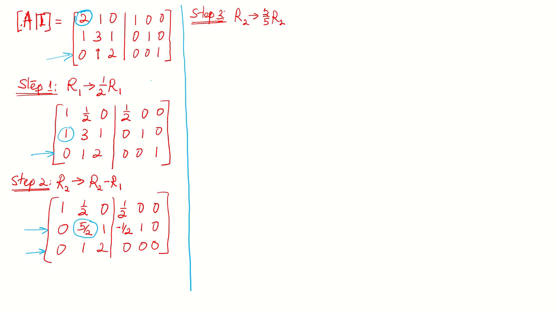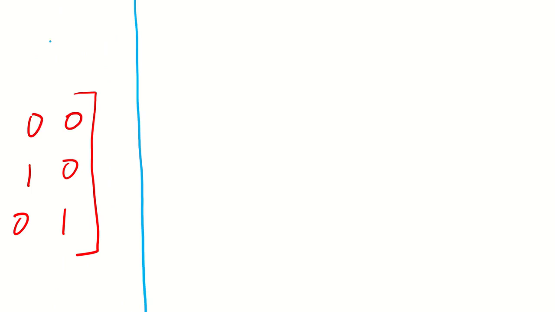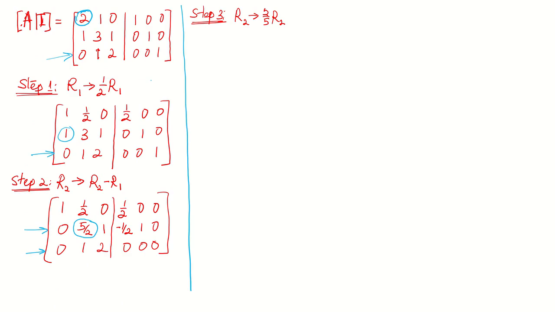Performing the row operation, the first row will remain the same: 1, 1 over 2, 0, 1 over 2, 0, 0. In the second row, we have 0 here. When you multiply 2 over 5 by 0, that is 0. 5 over 2 by 2 over 5 is 1. Then 1 times 2 over 5 is 2 over 5.